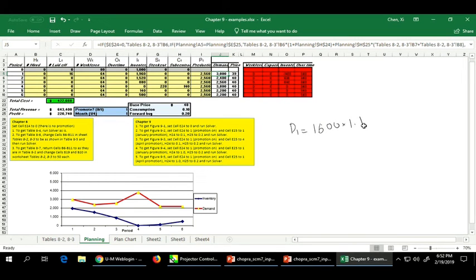So we multiply this by 1.1 plus the forward buying portion, which is 0.2 multiplied by the total demand of February and March, which is 3,000 plus 3,200, and that will give you 3,000 demand.